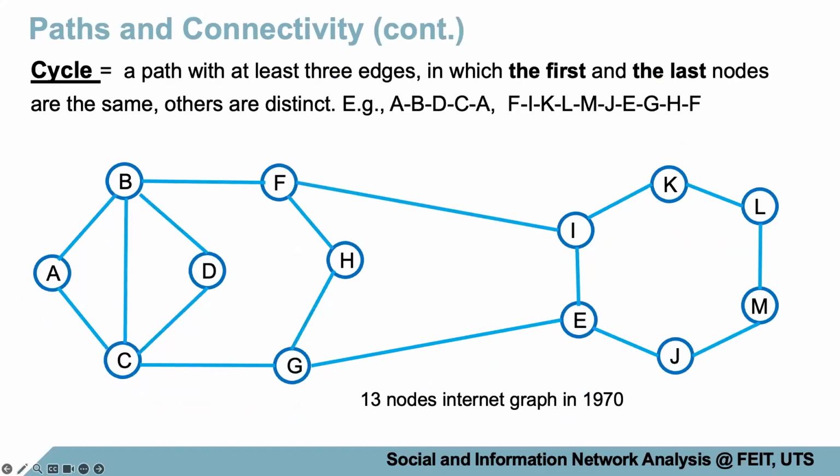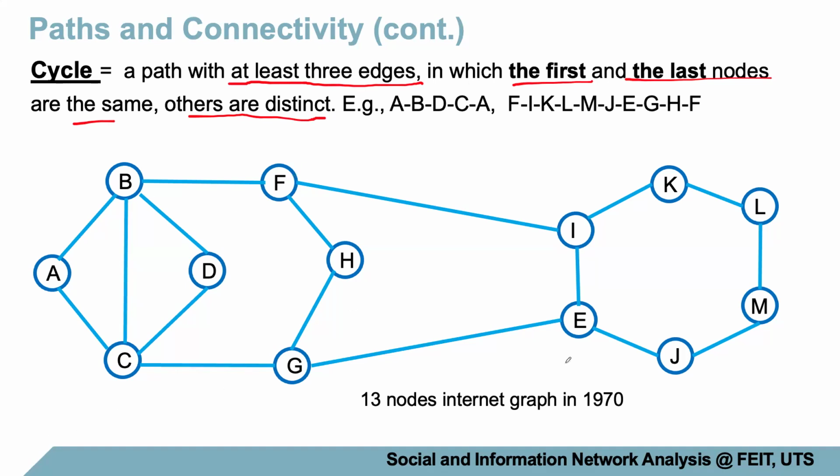So a particularly important kind of non-simple path is a cycle. We already briefly mentioned it before. So what is a cycle? A cycle is a path that has at least 3 edges, and the first and the last nodes are the same, and the other nodes are distinct.